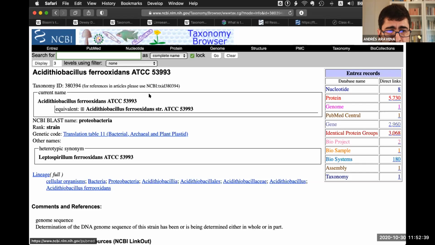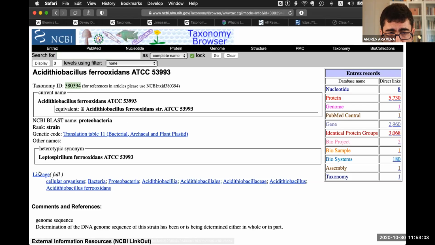Now, we are finishing because you probably have another class, but what I want to show you here is this. As always, you have an ID. In my case, what I normally do is try to remember this taxonomical ID. Since I am working with bacteria in a given genus, I go to the taxonomic ID of the genus.